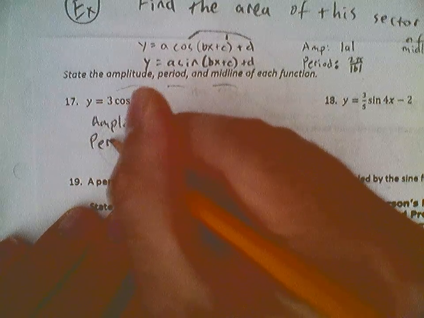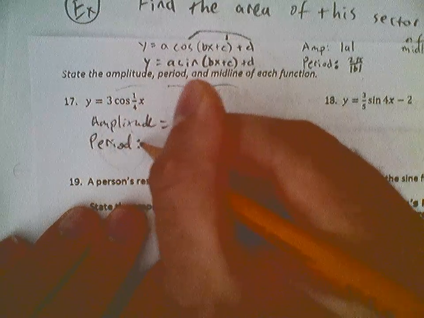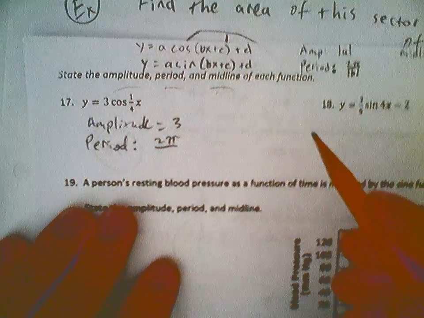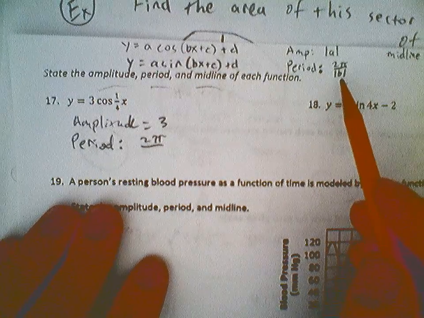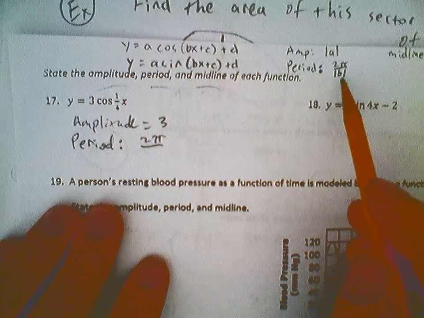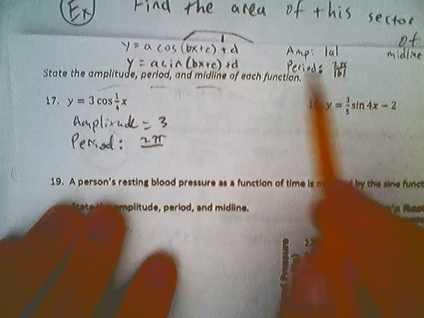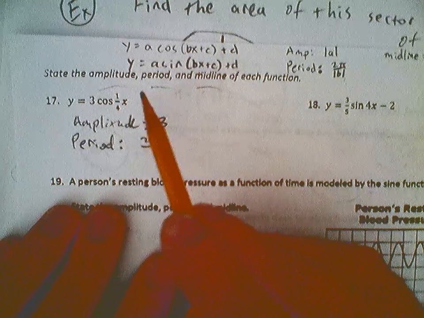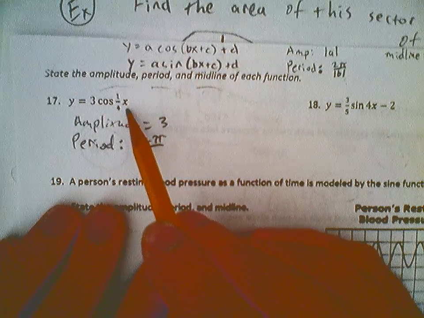Now, for period, we've got to do 2 pi divided by the coefficient of x, the absolute value of that number. So 2 pi over that number in front of x. For this function, that's 1/4.